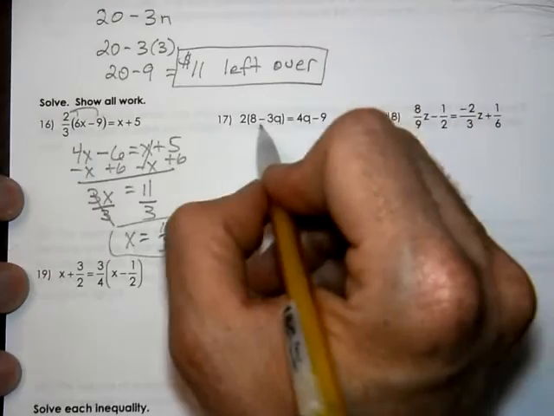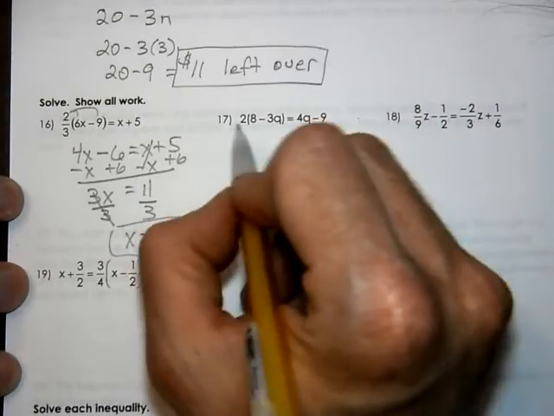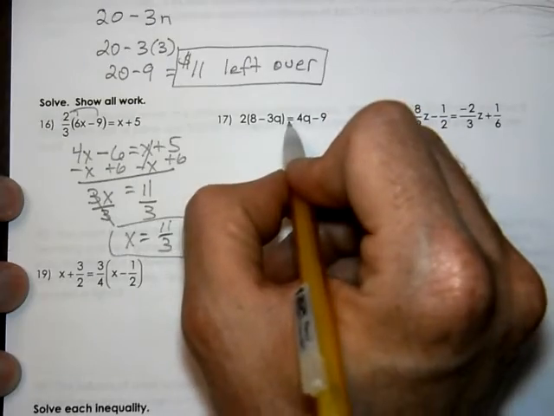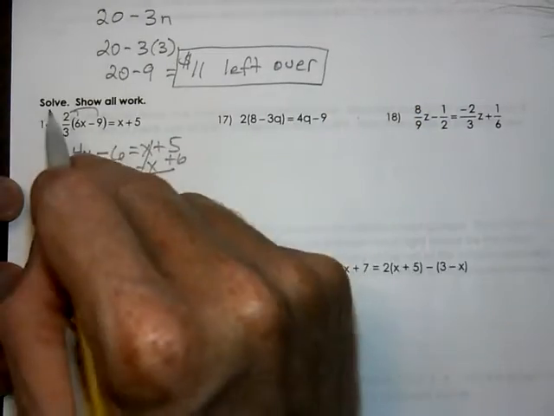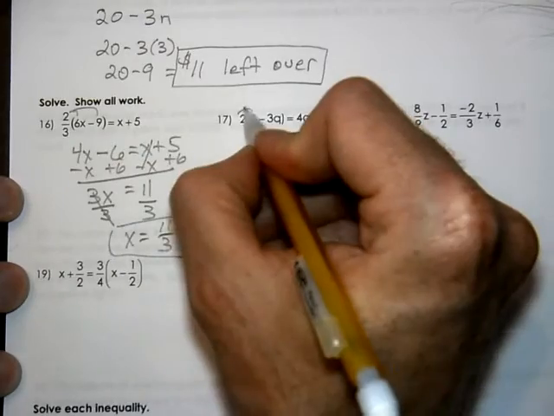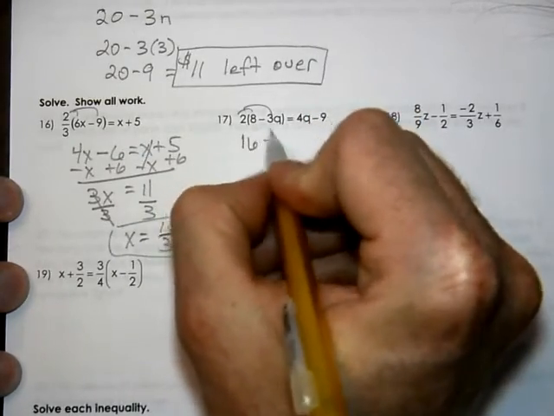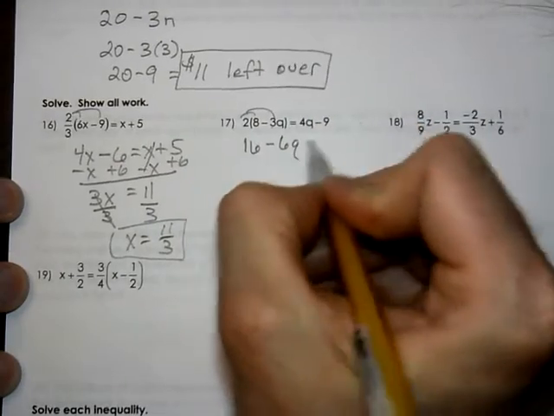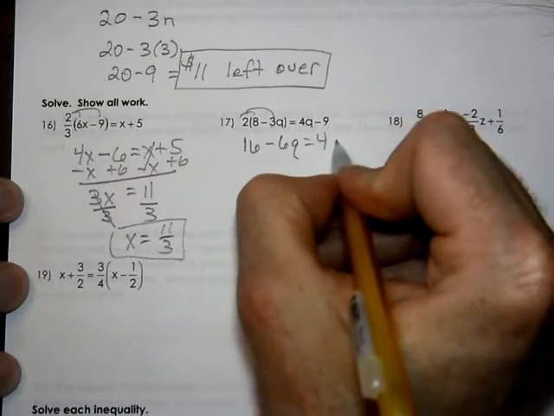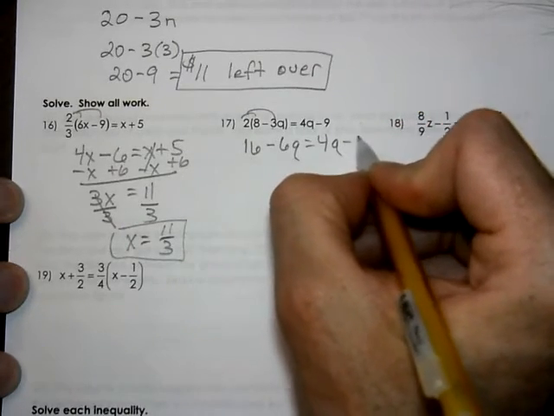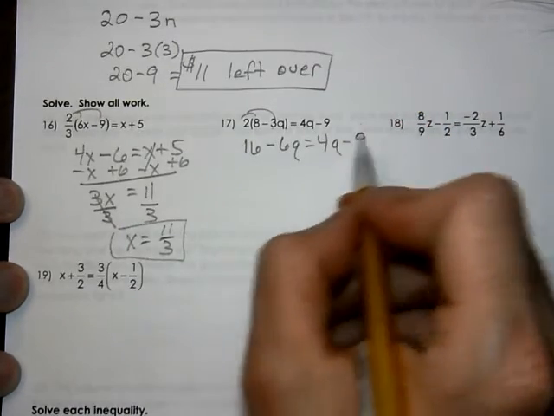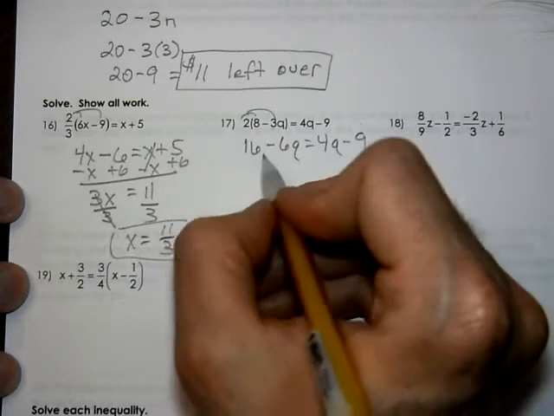Okay, here we're solving. We're trying to figure out what the value of Q is, because these have equal signs. Solve and show your work. So we distribute. Try to make a difference between 9s and Q's.